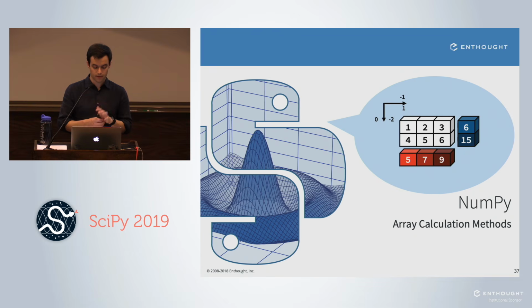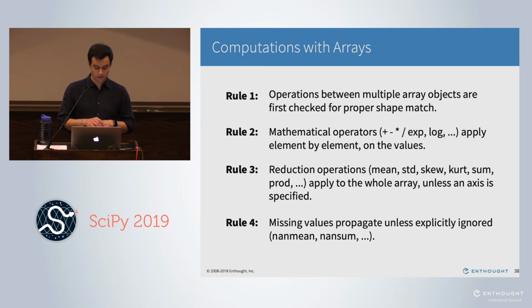So let's jump over a few things to cover this section that we call calculation methods, or calculations with arrays, which we'll address in just a second, this axis keyword. I have page 38 here. The slide is called Computation with Arrays, and we've summarized the main rules when doing computations either between or within NumPy arrays.